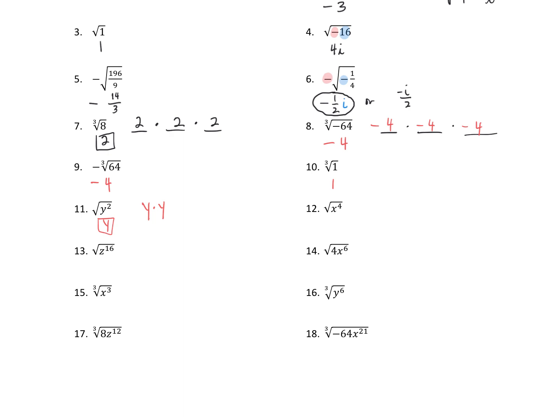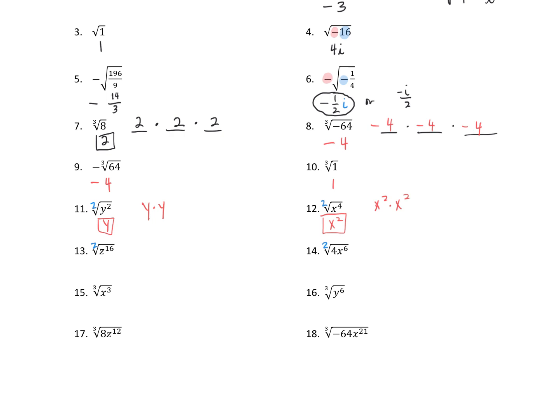We're going to be doing the same thing with the next one. So x to the fourth would be x squared times x squared. So x squared is the square root of x to the fourth. Keep in mind that if there's not a number here, this is understood to be a 2. It's a square root. That's a square root.